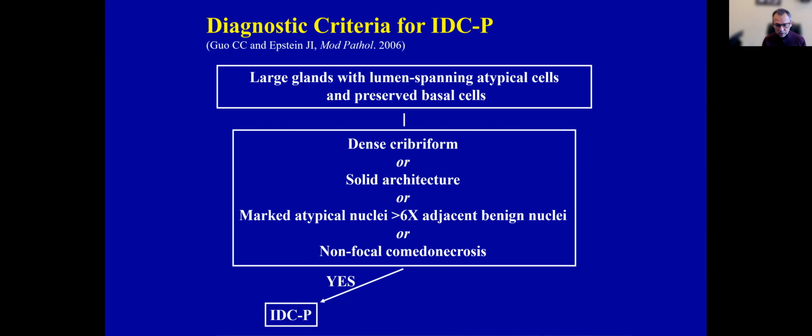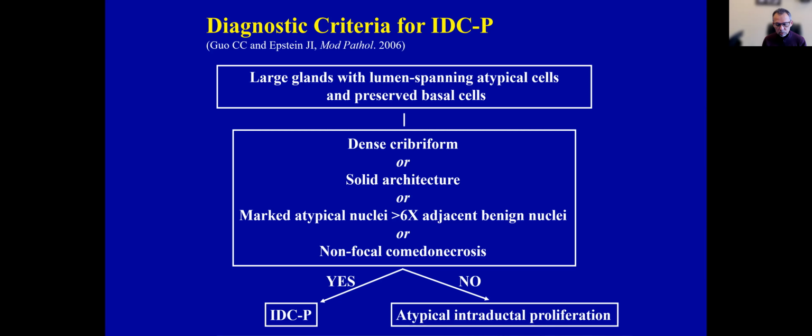But if the lesion lacks these classic features, but still looks more atypical than standard high-grade PIN, then those proliferations are referred to as atypical intraductal proliferation. And again, I will talk about that in some other presentations.